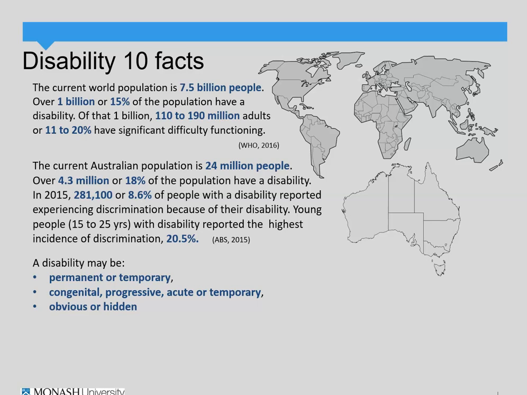And that's something that's really important to remember: if someone reports to you while you're working in a healthcare environment that they have a disability, that they have something that impacts on their ability to interact with you, impacts on their ability to access care, just because it's not a physical disability does not mean that it doesn't have the impact that the person's describing.